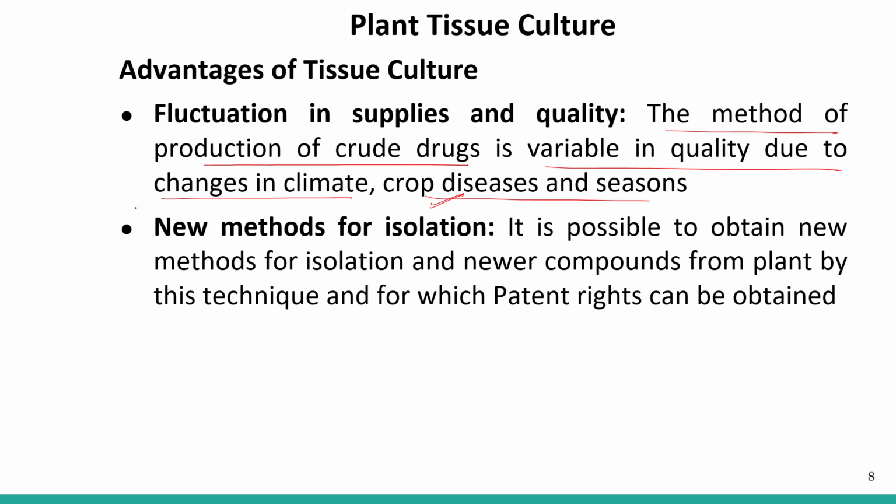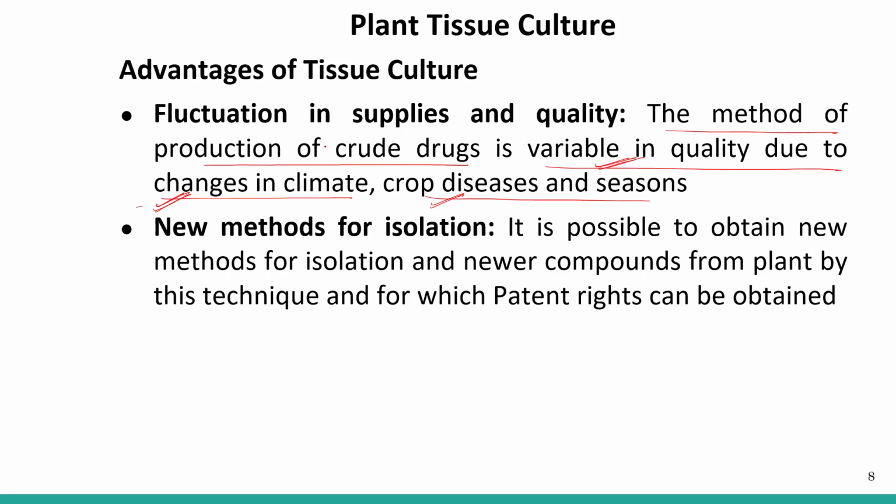Also, changes in climate affect the initial growth of the plantlets, or the small plants which are in the nursery. Change in climate can affect them, and there is also variability in quality due to changes in climate. Variability in quality means the soil condition is not always the same, and the climatic condition is not always the same.